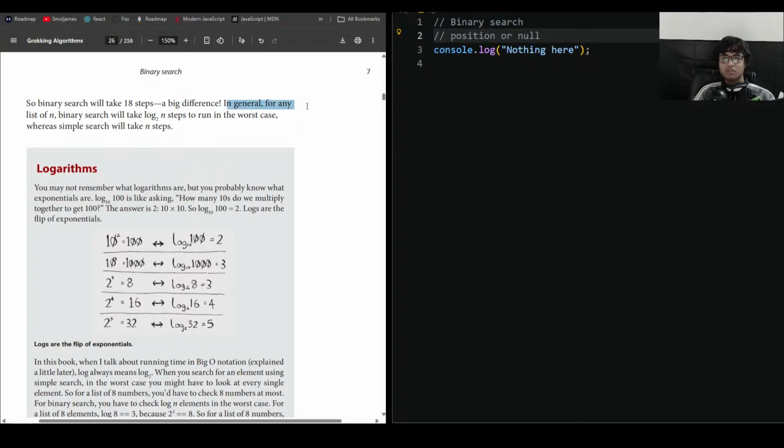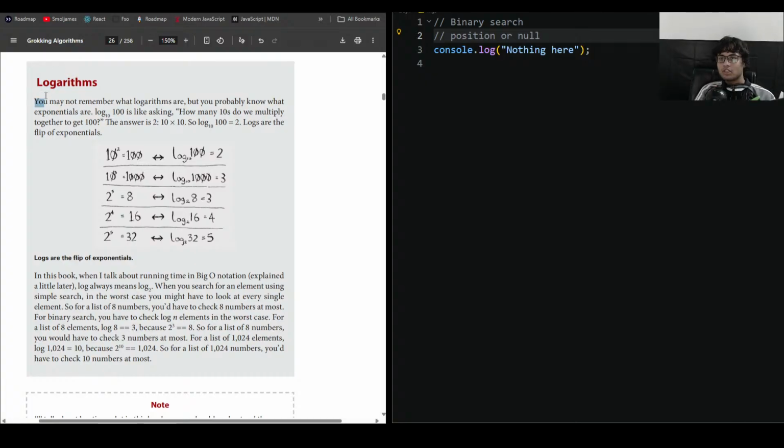In general, for any list of n, binary search will take log 2 n steps to run in the worst case, whereas a simple search will take n steps.